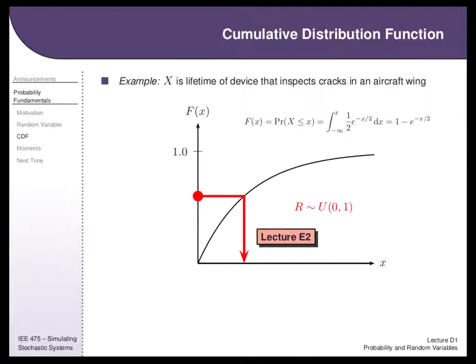So whenever you go into Arena and say, give me an exponential with this average, behind the scenes, it's doing this. It's drawing a random number between 0 and 1, and it's stretching it out in this way to give you a random number that's exponentially distributed. And that'll be what we learn how to do in lecture E2.